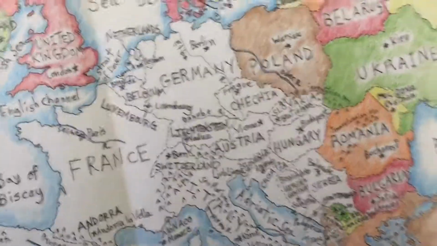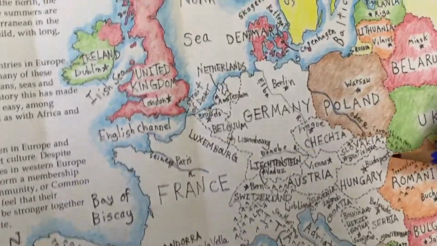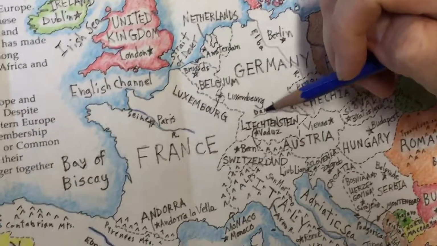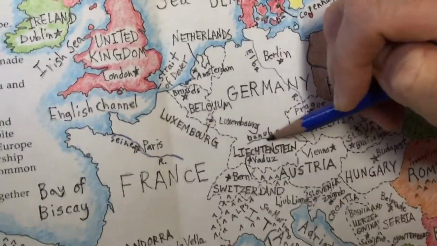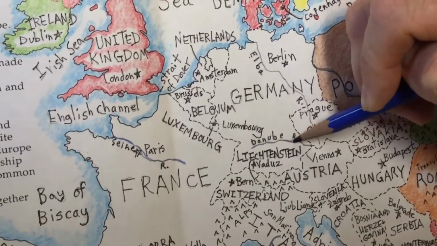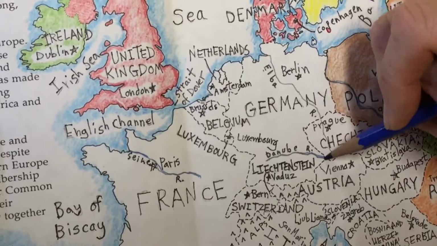Let me get this map. I'll just put that over to the side, and then it kind of starts. It goes through into Germany. It starts in Germany. You can see this is the beginning of the river right here.